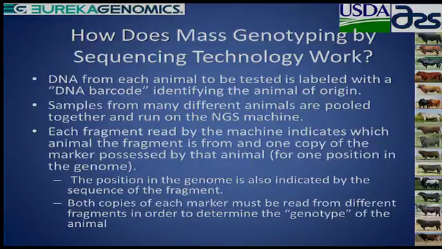So we take samples from many different animals and pool them together, and run them on the next-generation sequencing machine. Each fragment is read by the machine and indicates which animal the fragment is from, and it will read one of the two copies of a particular marker that's possessed by that animal. You know that each animal has two copies of each gene, and we can only read one of them at a time.